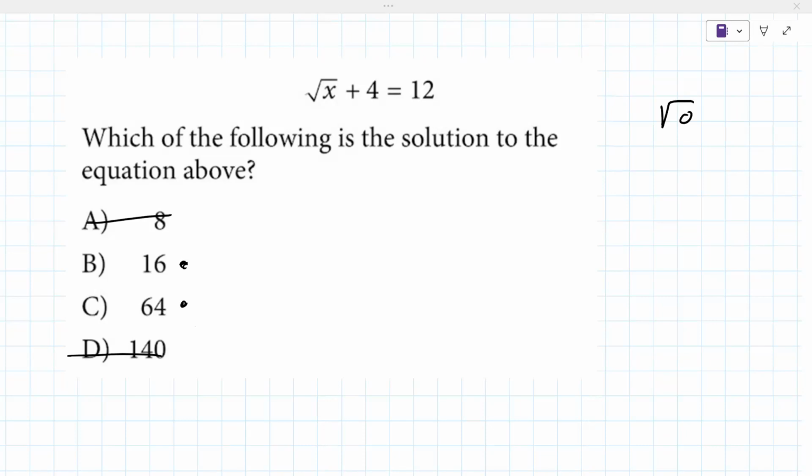Okay. So the square root of 16 plus 4 equals 12. The square root of 16 is 4. 4 plus 4 is not 12. Oh, wait, I see that. Okay, so then let me try 64. Sure. Try it.